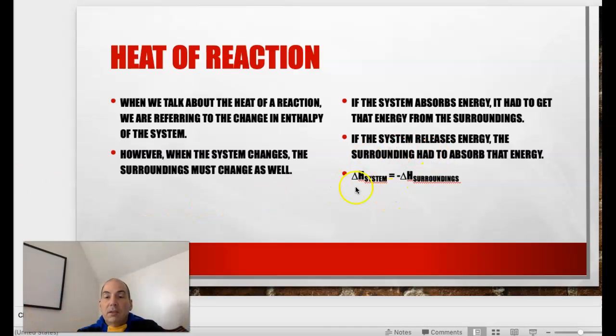So the change in enthalpy for a system and its surroundings are always going to be equal, but opposite. All right, so that's going to be important when we do calorimetry, because a lot of times when we look at a chemical reaction, we run a reaction and it causes water to heat up.